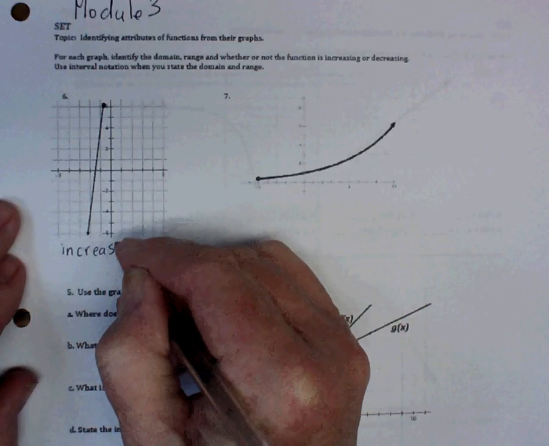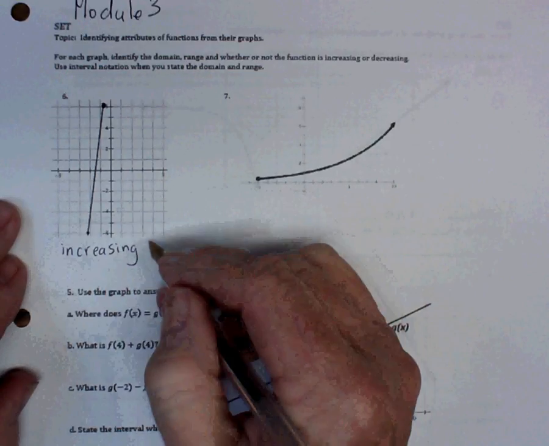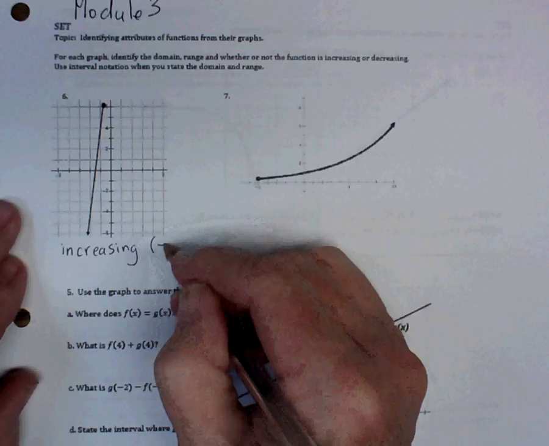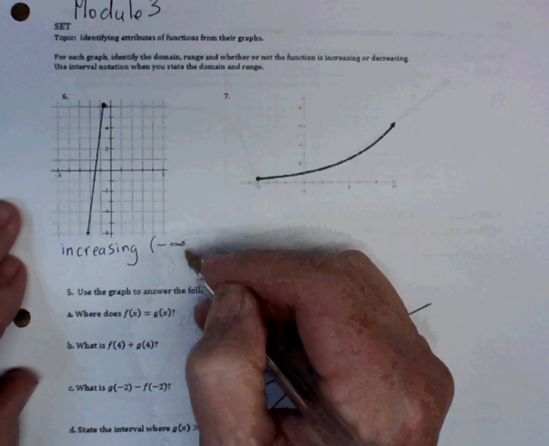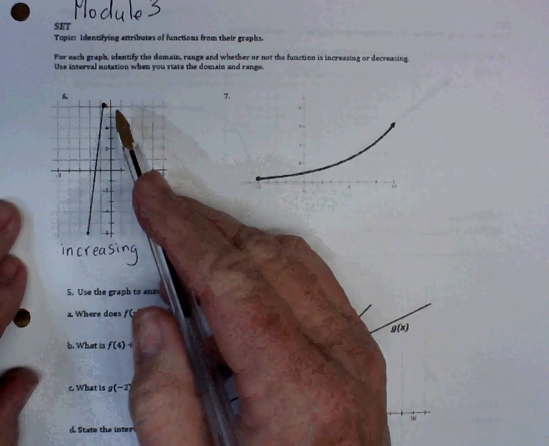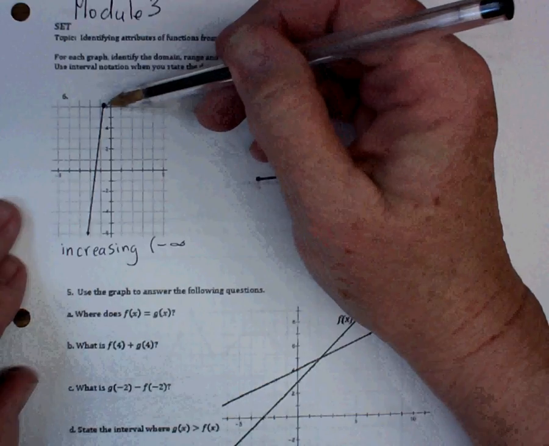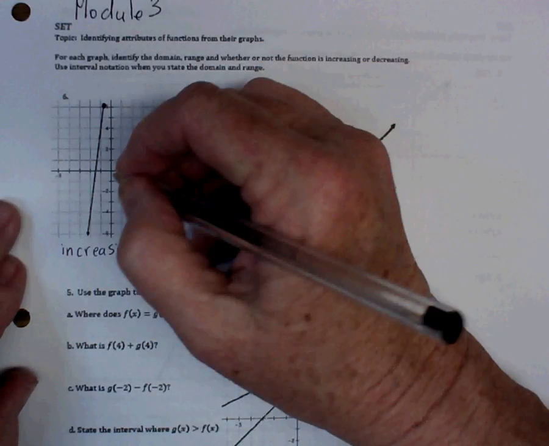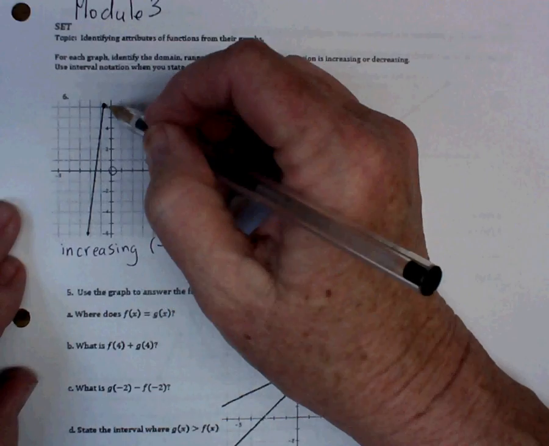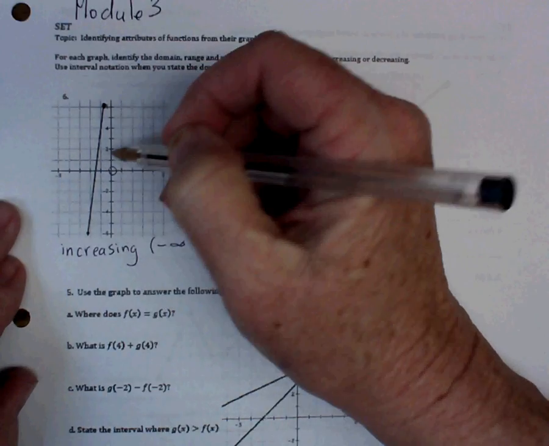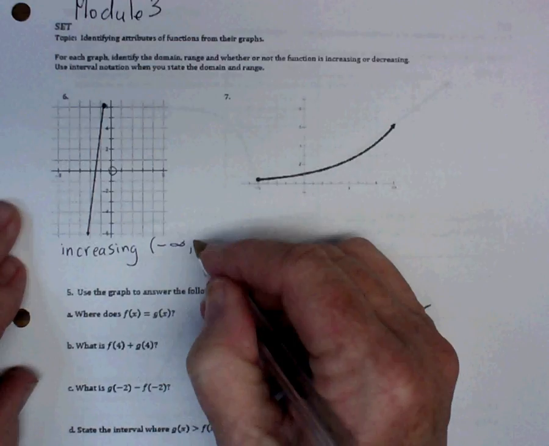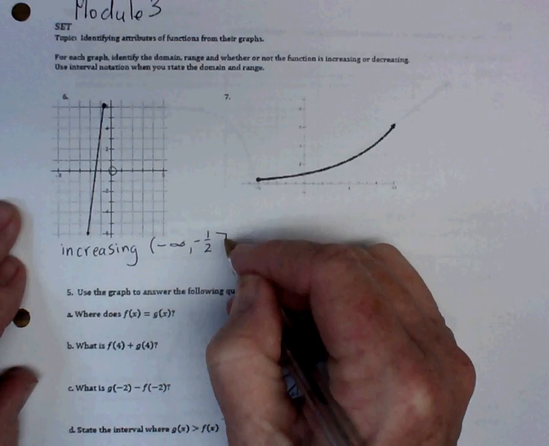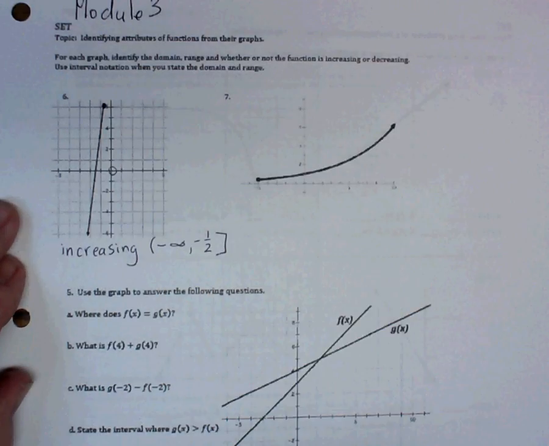And at the negative end, it would be negative infinity because it goes on forever, but it ends here. Here's 0, so I guess that's about negative 1/2, if I'm reading that correctly, and that was a dot.